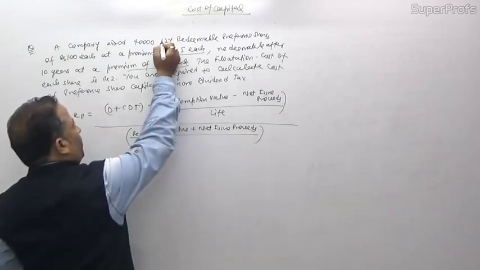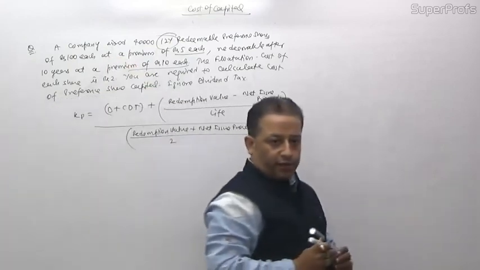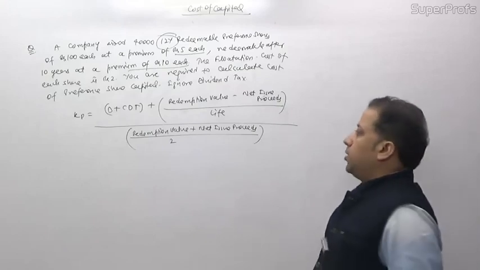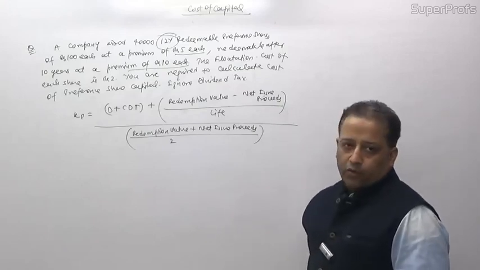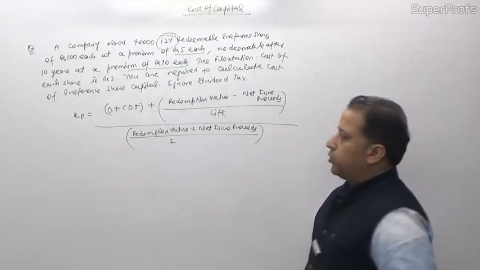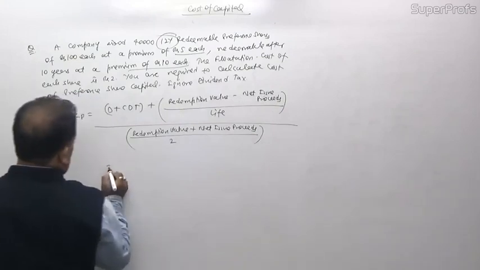These are 12% preference shares. 12% preference shares means dividend is 12% on the face value. The face value is rupees 100. 12% of 100 is equal to 12 rupees.